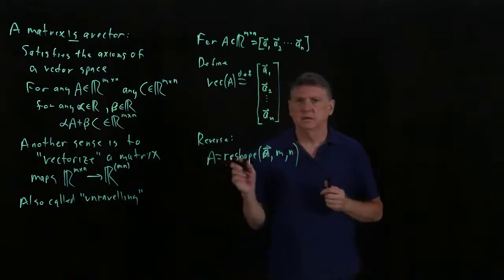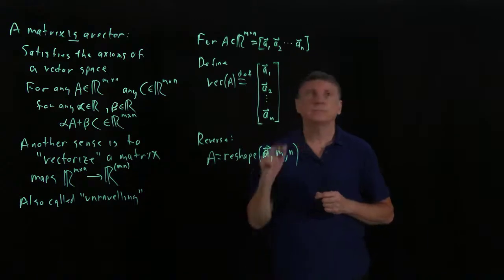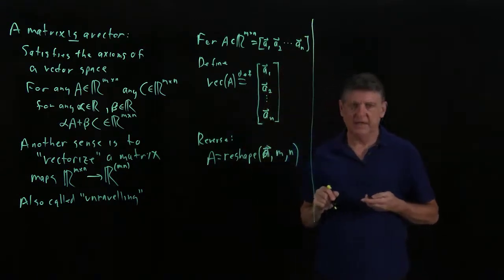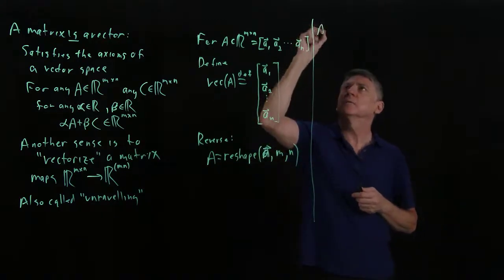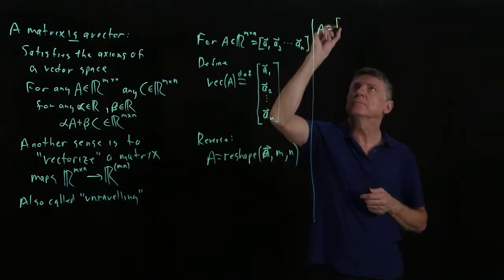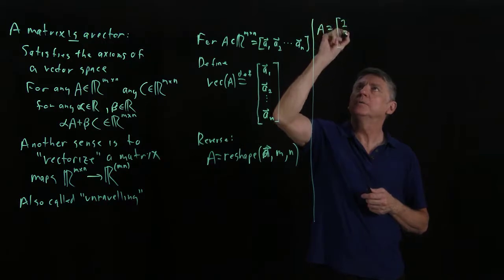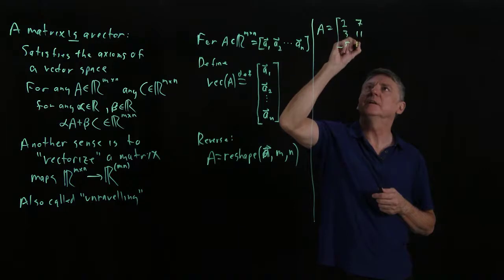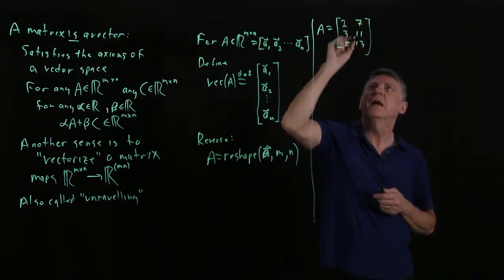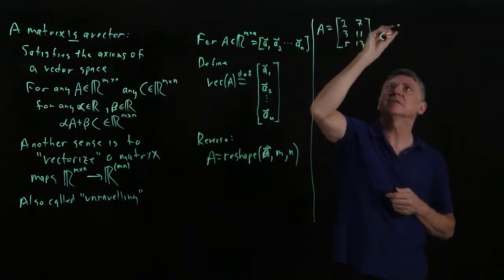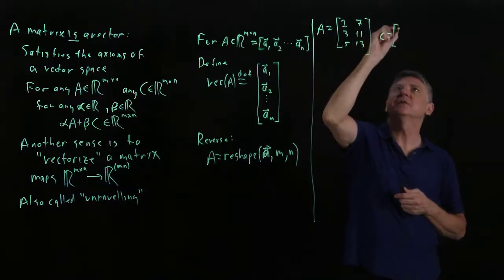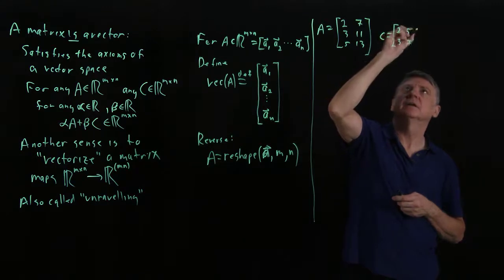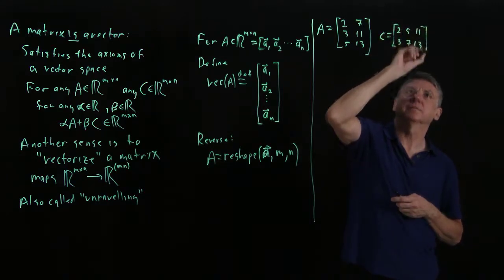So let's take an example. Let's say A is the matrix with columns 2, 3, 5 and 7, 11, 13, and then let's have a matrix C, which is 2, 3, 5, 7, 11, 13.